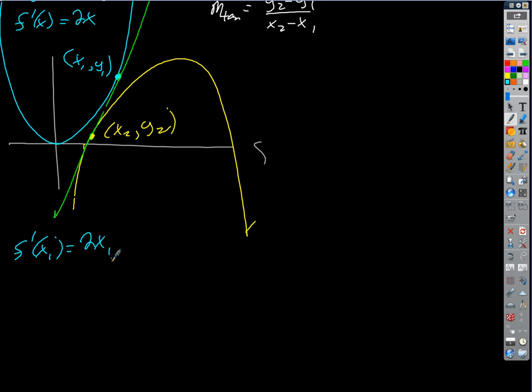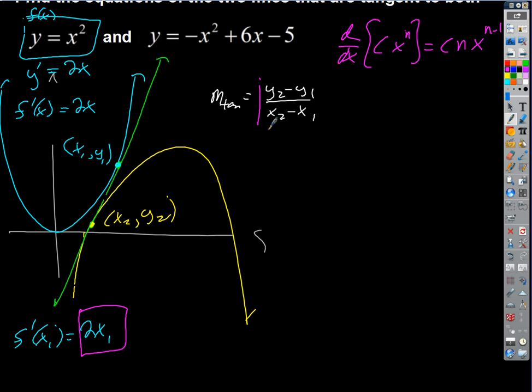That's the derivative, isn't it? So would you agree that everything we're going to put in pink is going to be equal? So that has to equal that, doesn't it? They mean the same thing, right? They're both slopes of the tangent line. Because isn't that what the derivative means?